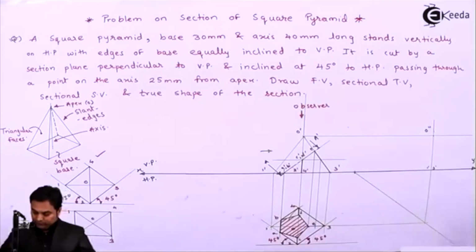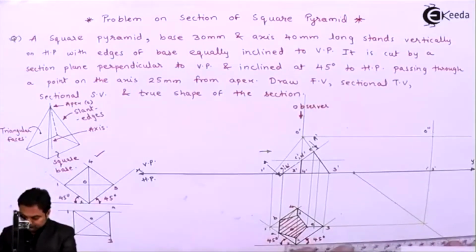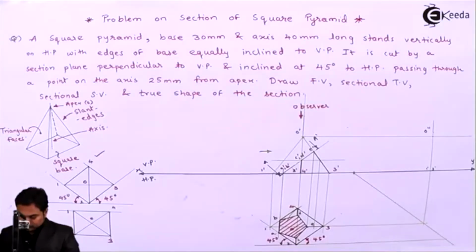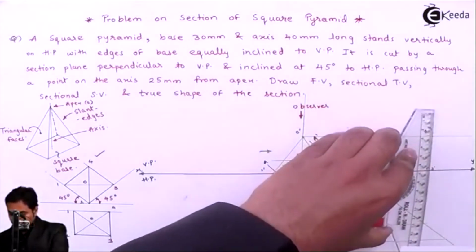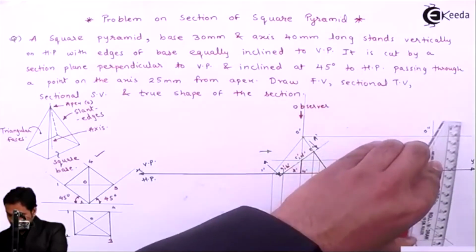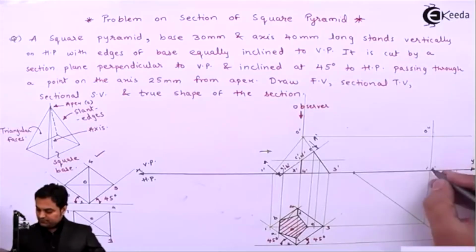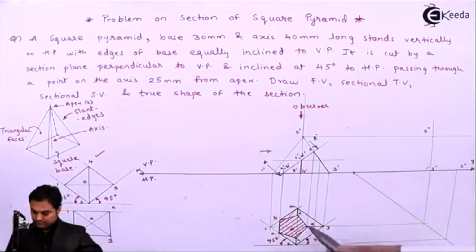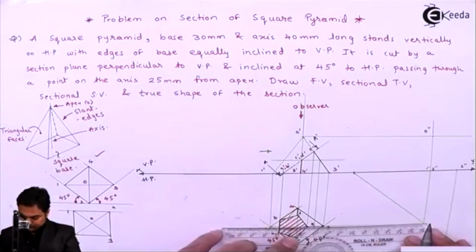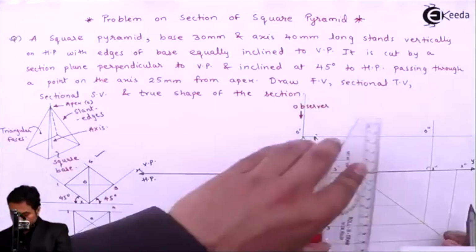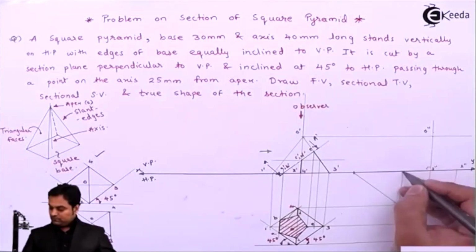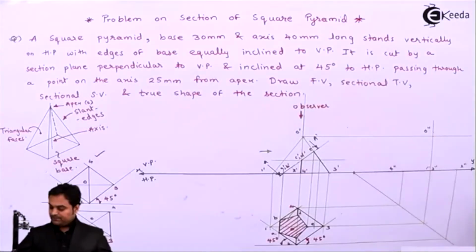Then for 2 and 4, for point 2, this is point 2 double dash, and then point 4, this gives me 4 double dash.